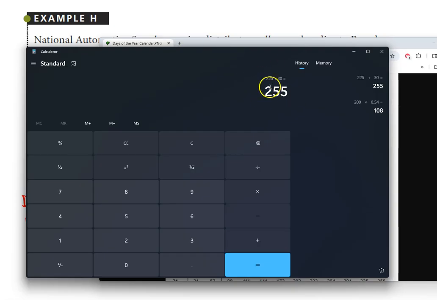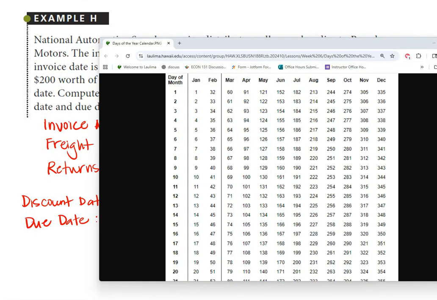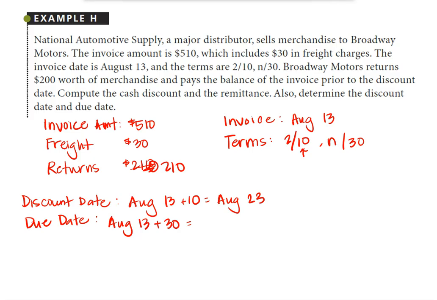And so day 255 is when it's going to be due. So day 255 falls on September 12th. So this tells me that they have until August 23rd to receive that 2% discount, and their bill is due September 12th. So that was the discount date and the due date.